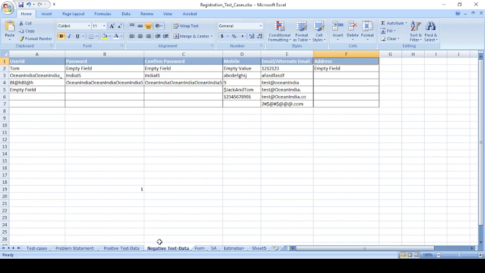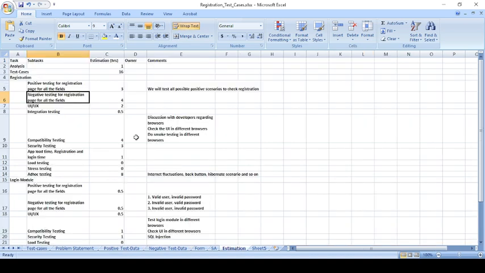We need to go through and think how much time it will require to test each and every negative user ID, password, and confirm password. As per my opinion, it should be done in 4 hours. Again, look, estimation will vary.